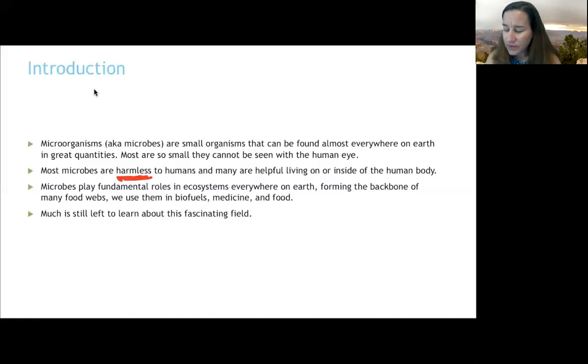They are going to play a fundamental role in our ecosystems. Yeah, you're going to find these guys everywhere. I can't remember where in the lecture in this chapter we talk about how old the Earth is, and it's 4.6 billion years old, by the way. And when we get into taxonomy, there were 3 domains, and 2 of the domains are prokaryotes and 1 of them are eukaryotes.